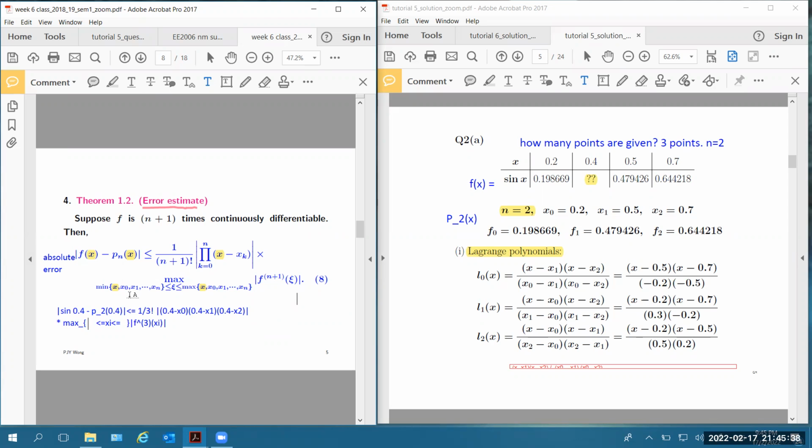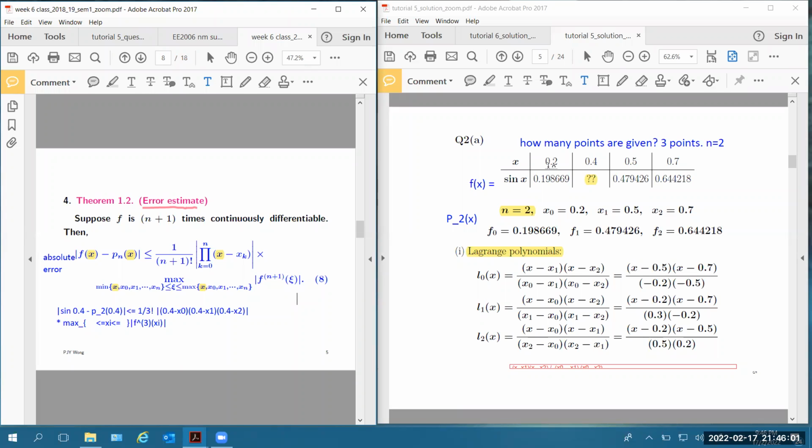So let's take a look. Minimum of x and all the xi, maximum of x and all the xi. The x is 0.4, right? Your x0 is 0.2, 0.5 is your x1, 0.7 is your x2, and x is 0.4.